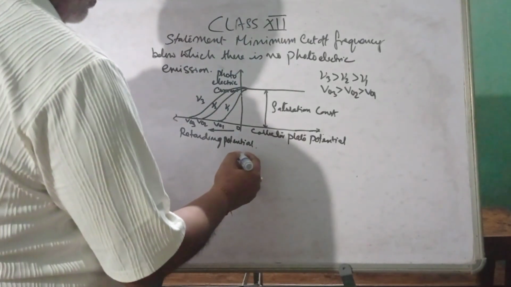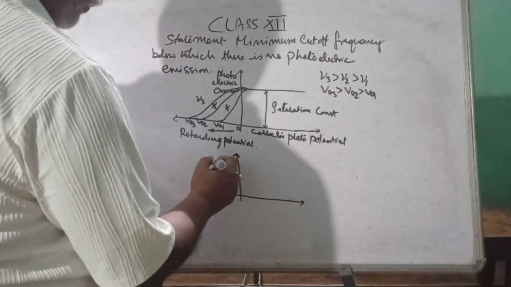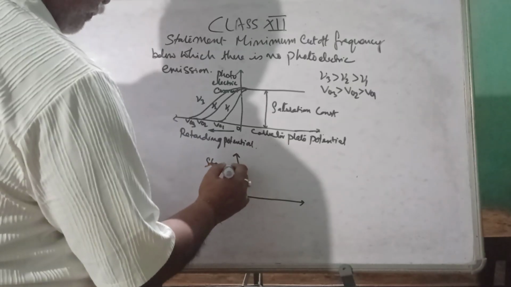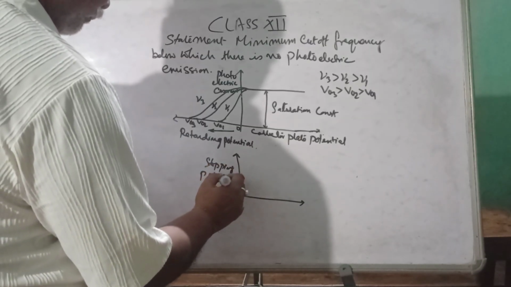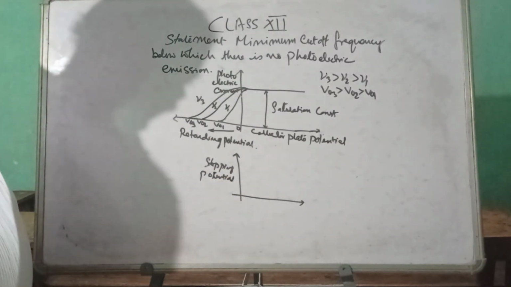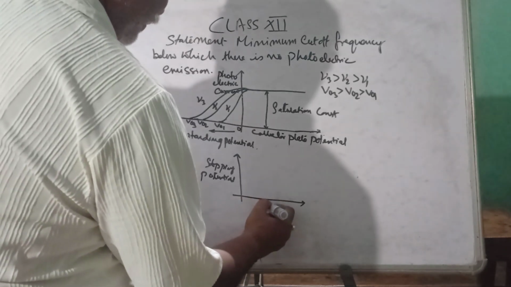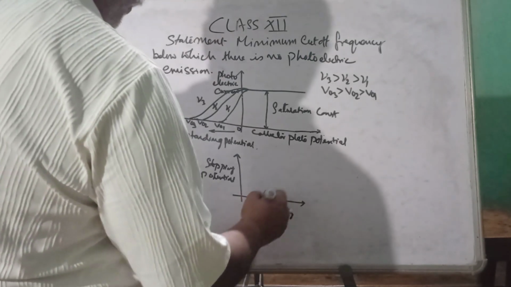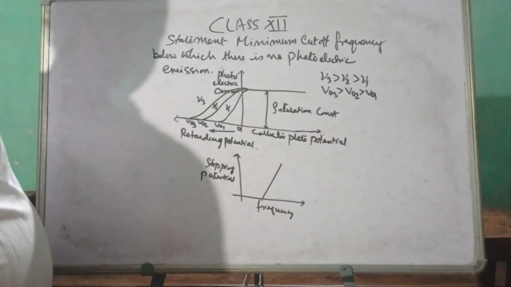Here you see the graph: the stopping potential is on the y-axis and the frequency is on the x-axis. For metal A, they got a straight line.